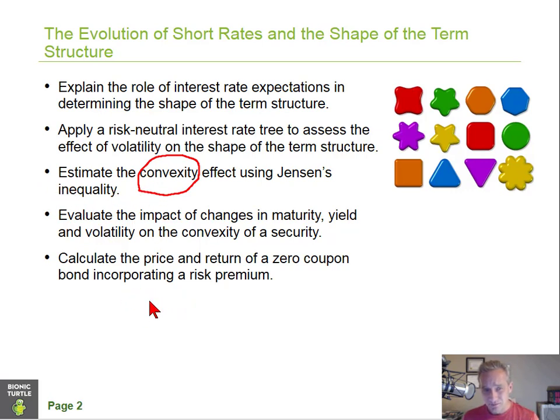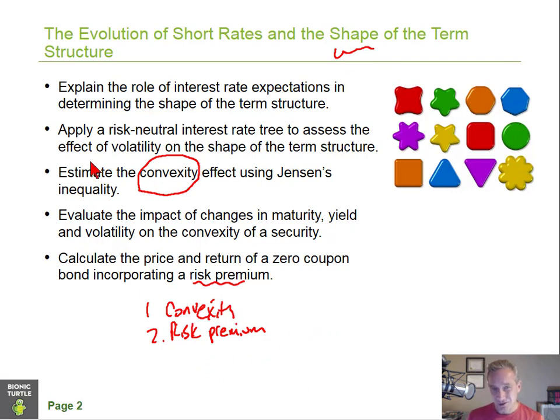We're going to be looking for convexity as a feature, and we're going to be looking for the risk premium. Both of these are features that impact the shape of the term structure. And that's really the emphasis of this relatively short chapter.